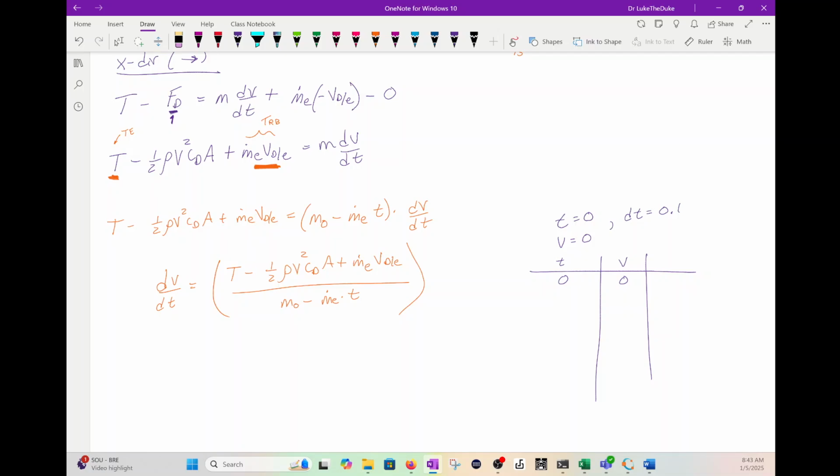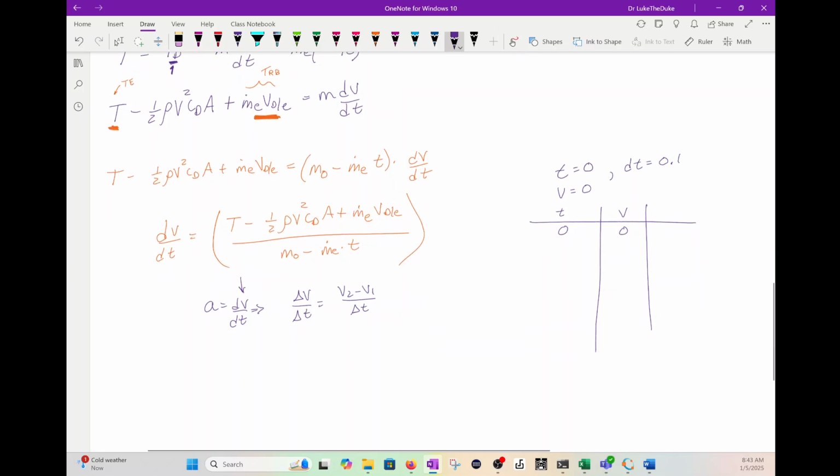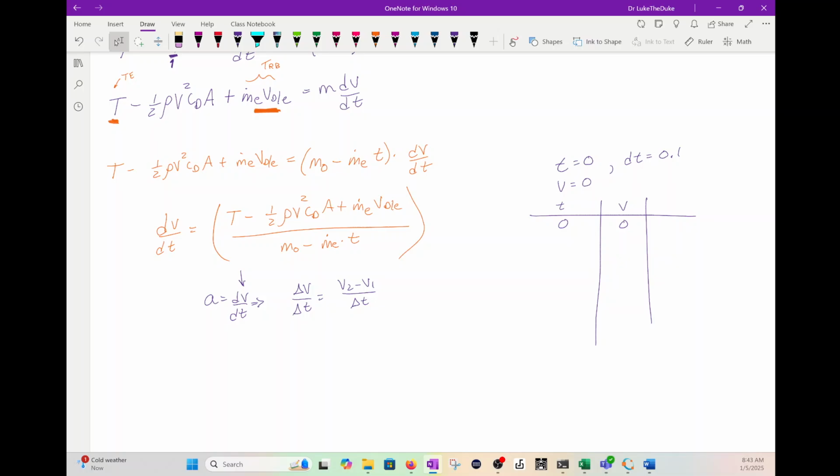And we can then find our next velocity. How? Well, if we plug in some initial stuff first, we'll have acceleration, which is dV dt, right? Okay. Well, on the top, you can kind of switch it like this. This is v2 minus v1 over a delta t. So if we have a, right, and that's all of this stuff, then what we can do is solve for our next velocity.